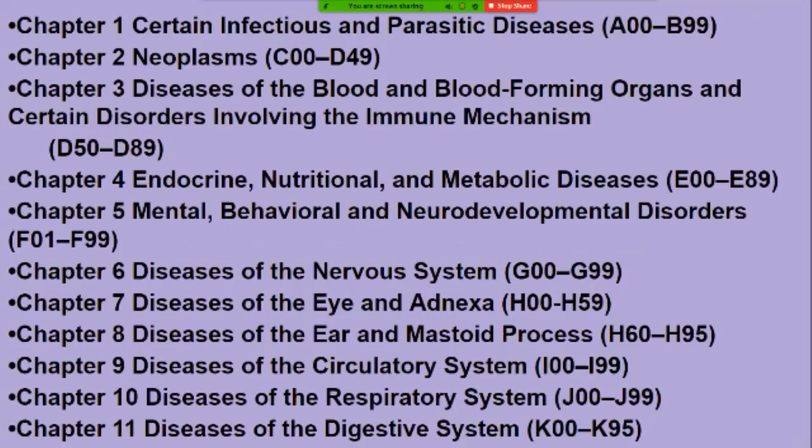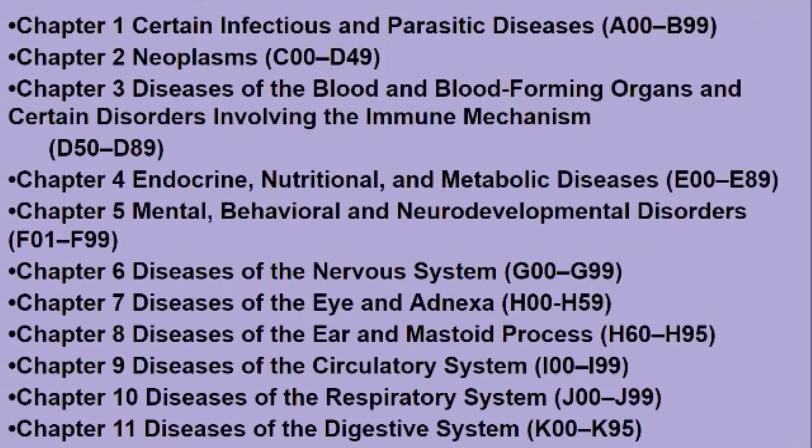So let's talk about the ICD-10-CM chapters. Chapter 1 is certain infectious and parasitic diseases, A00 through B99. Chapter 2, neoplasms, C00 through D49.